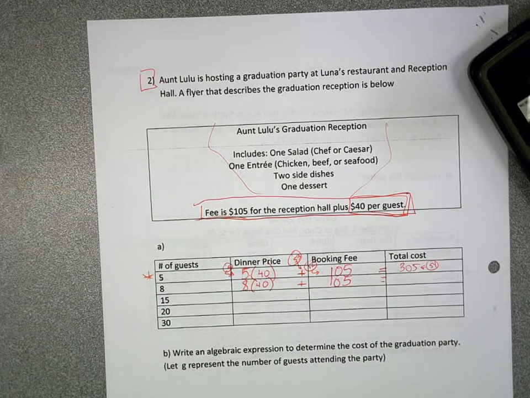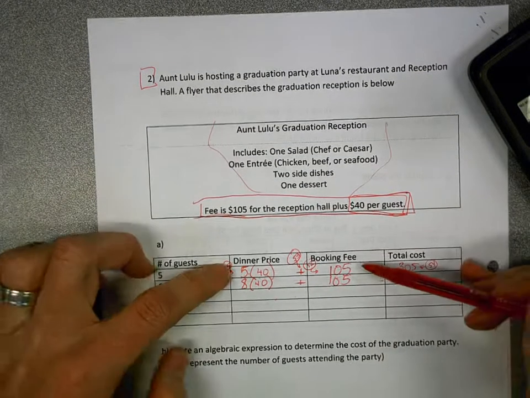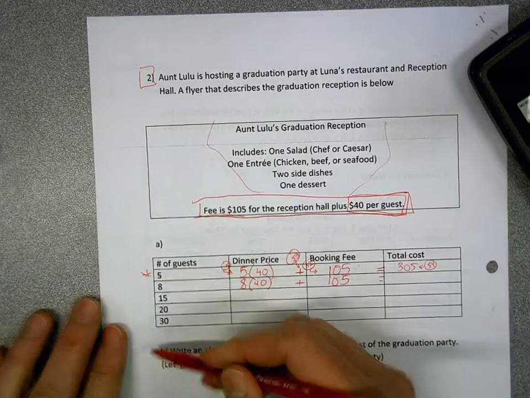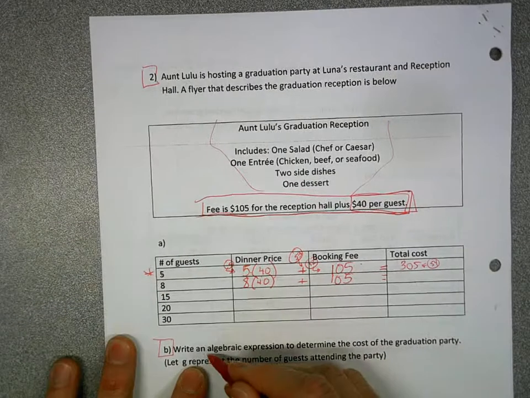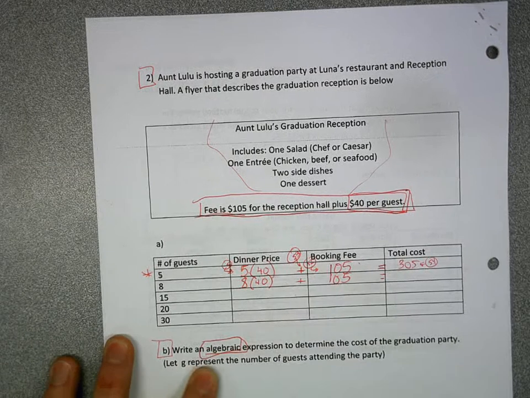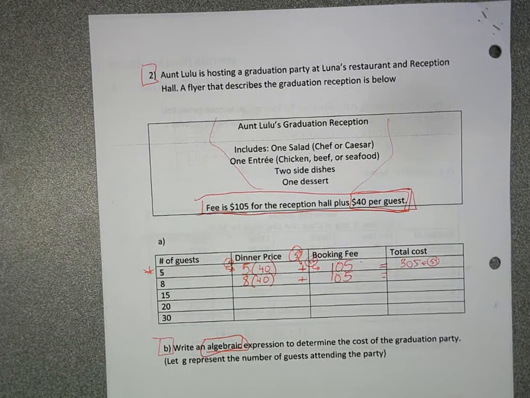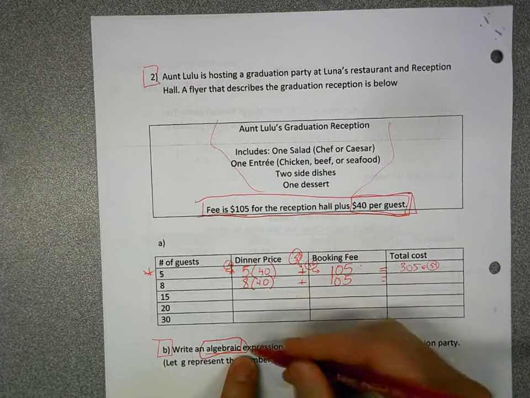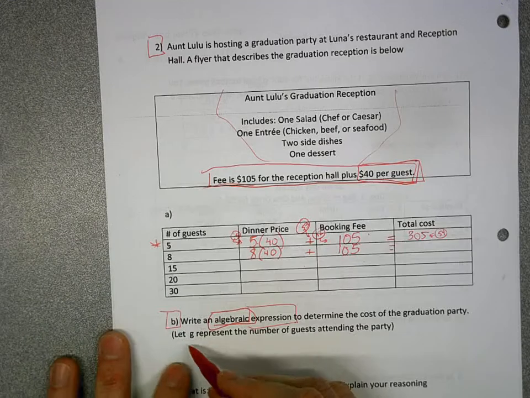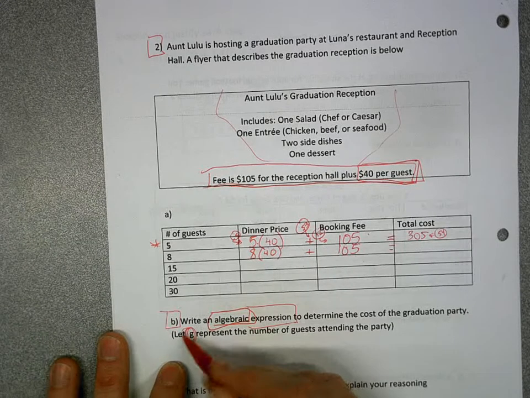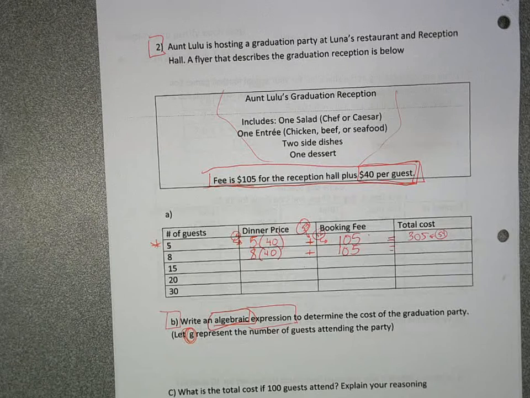Now, here is what you need to know. B says write an algebraic expression to determine the cost. We now know an algebraic expression requires you to write a variable. Here's what it tells you. They want you to let G represent the number of guests. Take a look at this expression for each one of these.